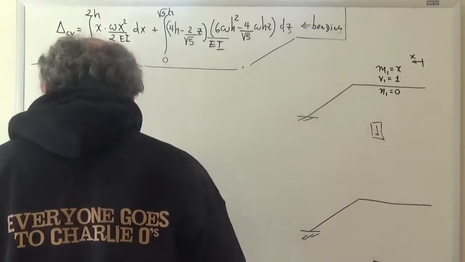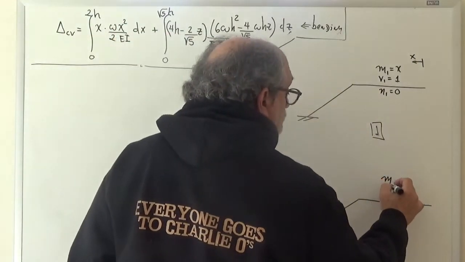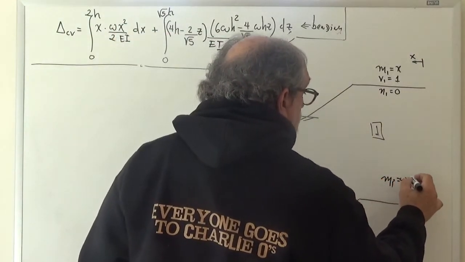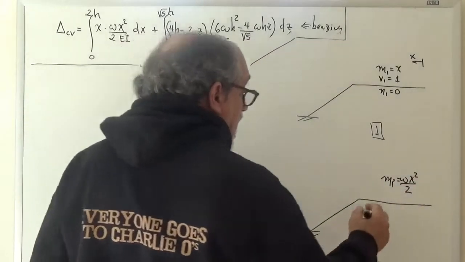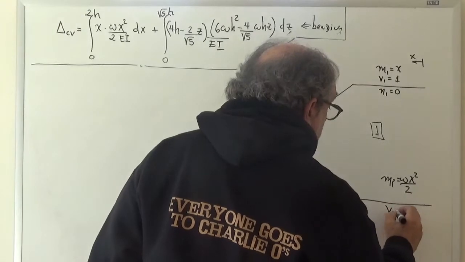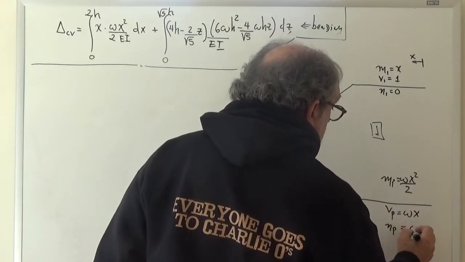At the same time, we showed that MP here was equal to wx squared over 2, that VP was wx, and that NP was 0.